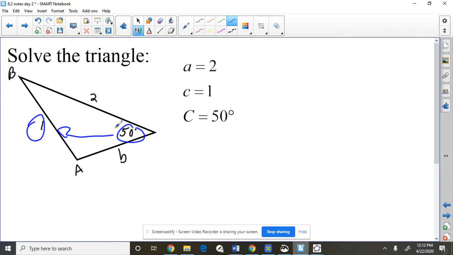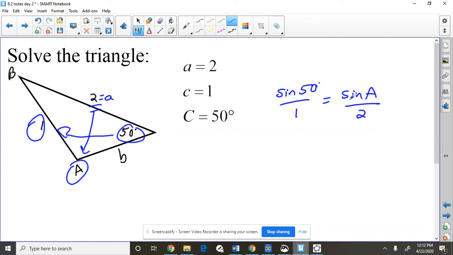I'm going to plug into law of sines, sine of 50 divided by 1 equals, and I'm going to look for what it is that I could find next. The only other value I'm given is the 2. 2 is the length of side A, which is opposite of angle A. So this would be equal to the sine of angle A divided by 2.